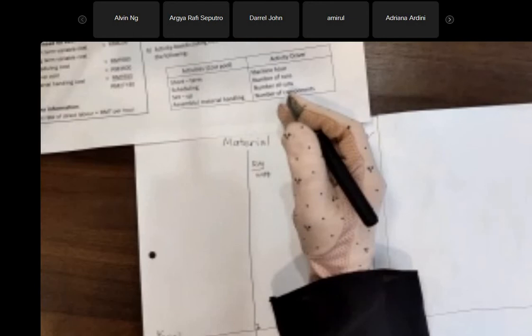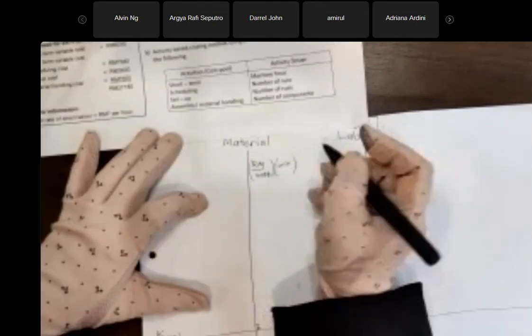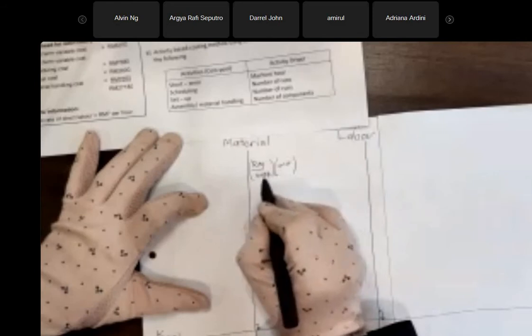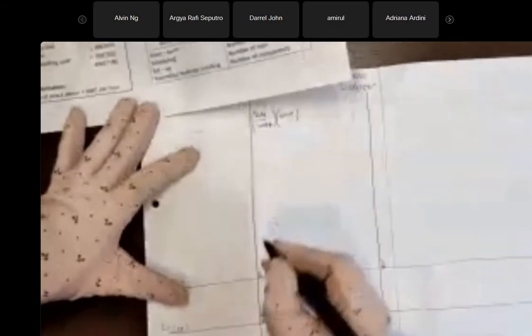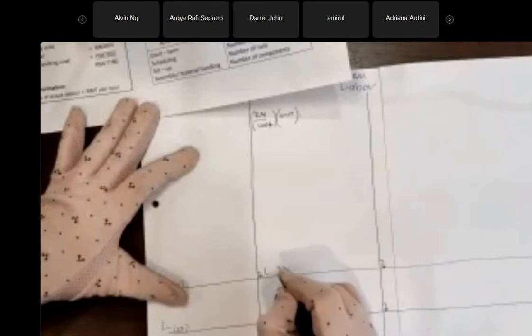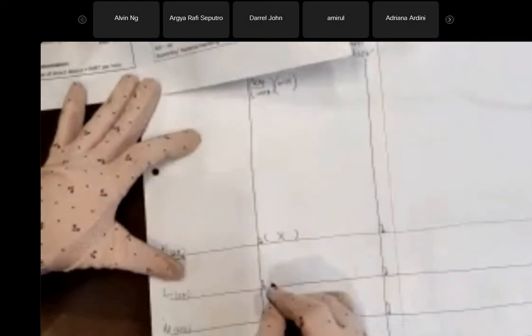Times unit. You have to multiply with unit, so you have two factors that you need to multiply.